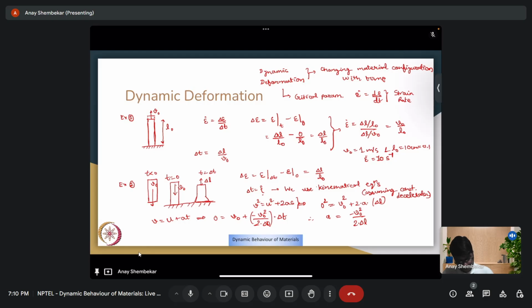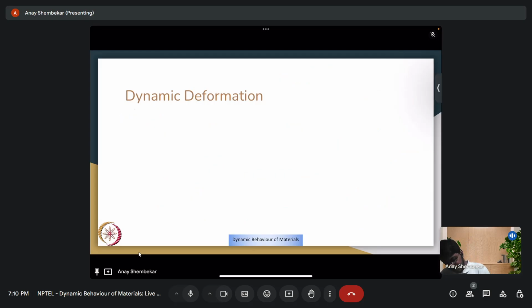From this equation, we end up getting delta t is 2 delta L by v naught, which gives us epsilon dot equal to delta L by L naught into v naught by 2 delta L. Delta epsilon by delta t gives us v naught by 2L naught.